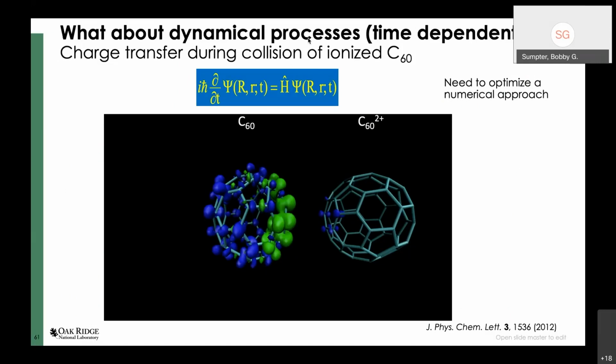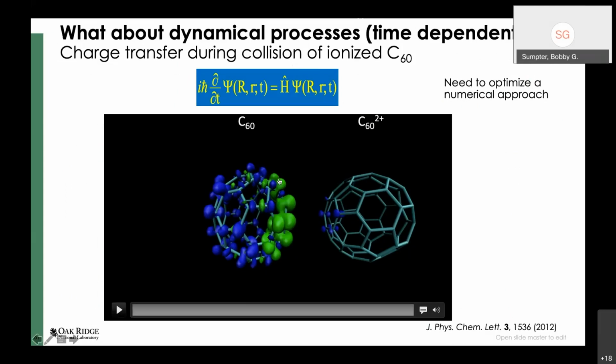So this is an example of a study showing a buckyball that's neutral here on the left, and a buckyball that has 2 electrons removed, so it's a +2 cation of C60.